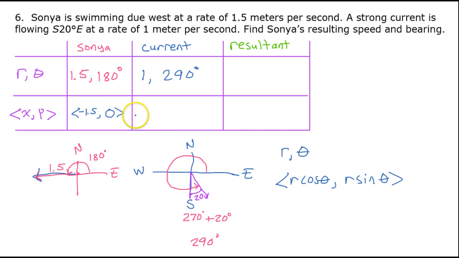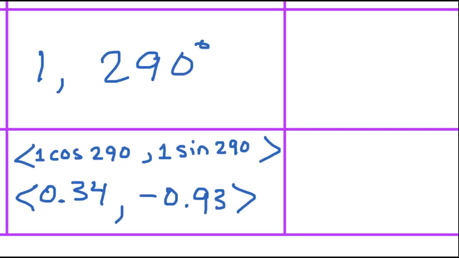So when we do r cosine theta, for example, it's just going to be 1 cosine 290. Okay, I didn't really even need the 1. And it'll be 1 sine 290. So we could just put that in the calculator. That turned out to be 0.34 comma negative 0.93.